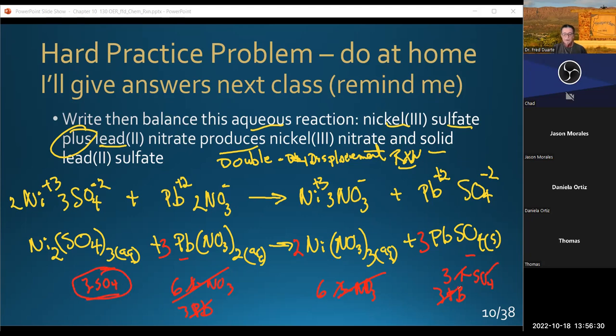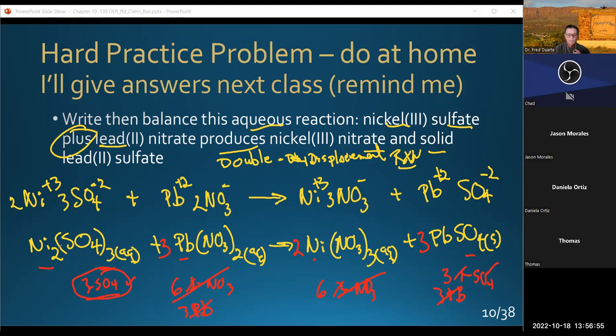So they're happy, check that off. When I put a 2 in front of nickel nitrate, that automatically balanced my nickel. So I'm balanced. And I did this by following the polyatomic ions. The corresponding metals all fall in place by default.